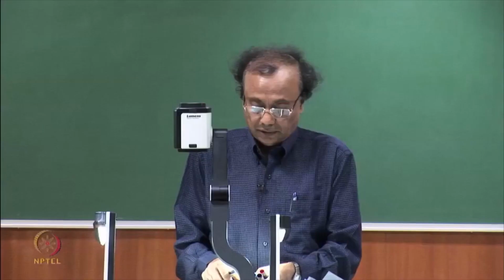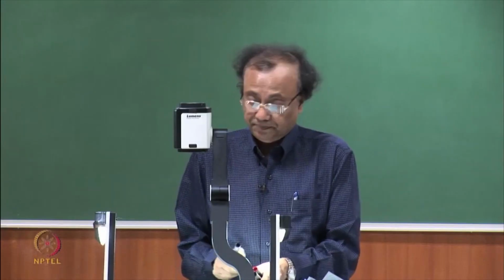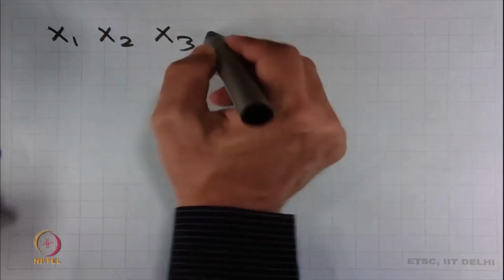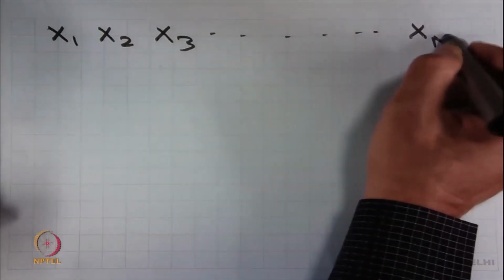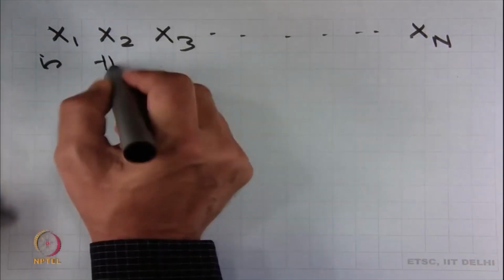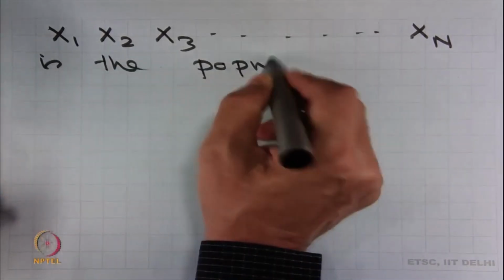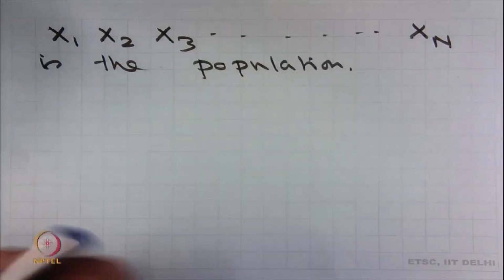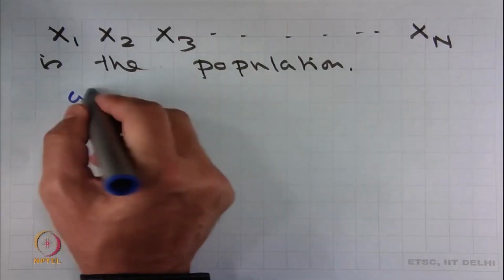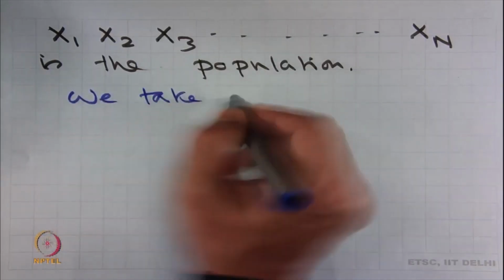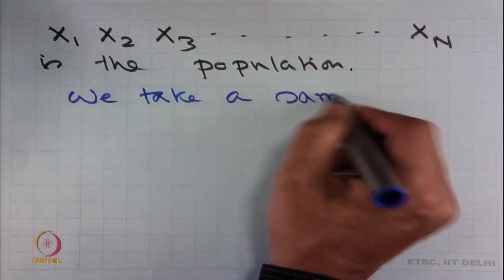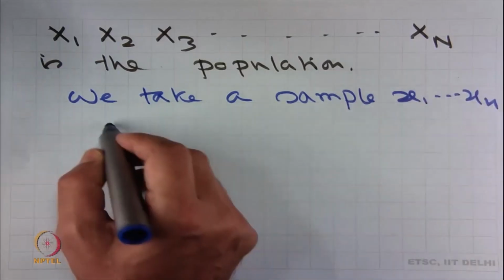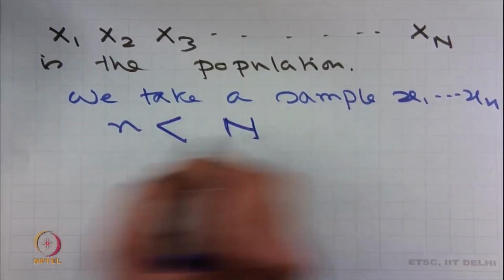What is the difference? The difference is as follows. Suppose x1, x2, x3, ..., xN is the population, and we take a sample x1, x2, ..., xn, where n is much less than N.